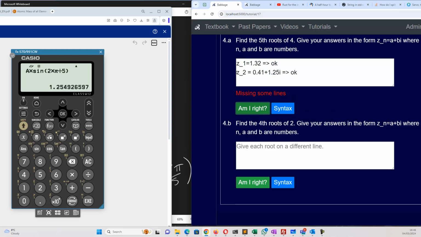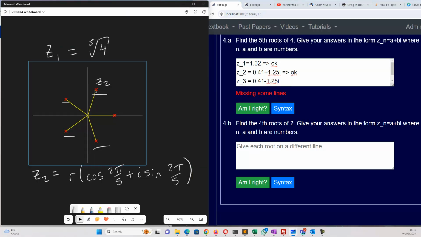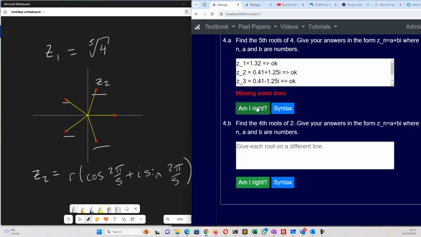But that also means that we know another root as well. So we can say that Z3 is equal to 0.41 minus 1.25i. Because if we look here, this is 0.41 plus 1.25i, and this value here is 0.41 minus 1.25i. So are we right? Yes, we are.